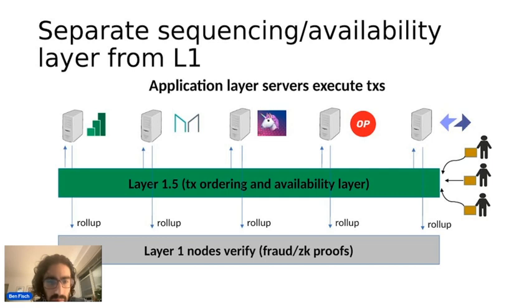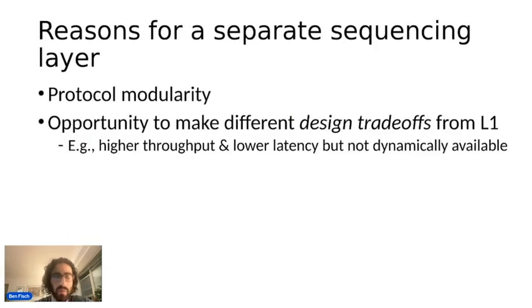Well, first of all, protocol modularity. Just as protocol modularity for data availability makes sense, the protocol that we designed to optimize for ordering and availability of data may not need to be the same that is running the L1 and handling the smart contracts and the bridges and verifying the proofs.